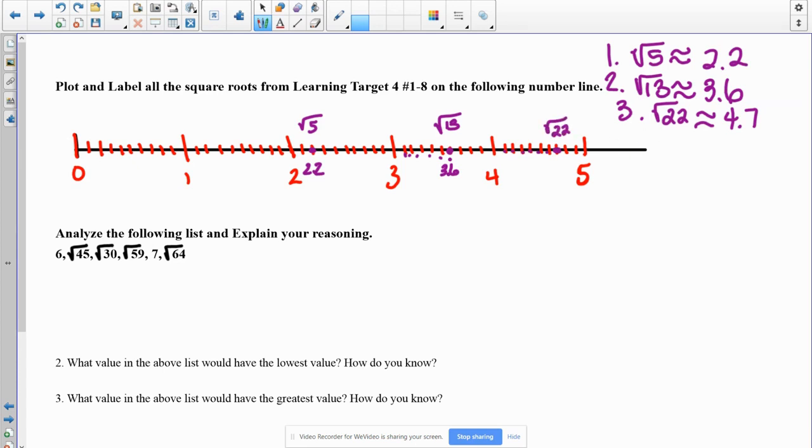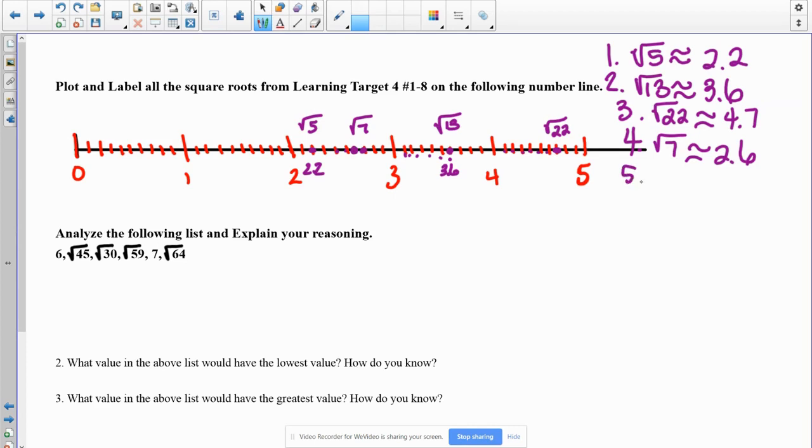Number 4 was the square root of 7, which is approximately 2 and 6/10. I'm going back to this 2 here. Let me count that again: 1, 2, 3, 4, 5, 6. So that's the square root of 7 there.